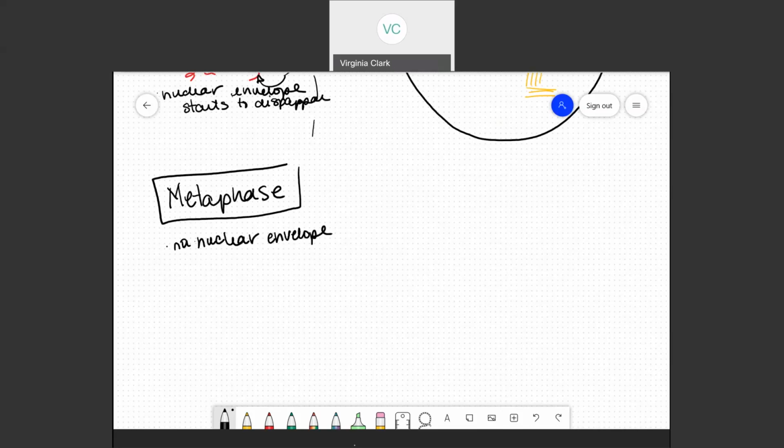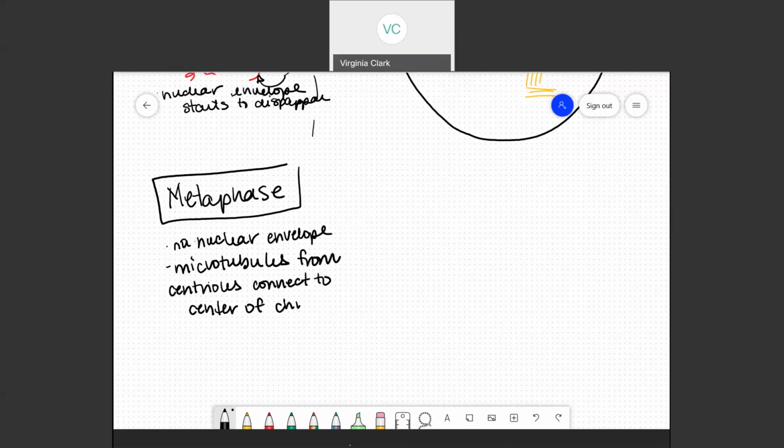What you'll also have is microtubules from your centrioles that will connect to the center of your chromatid. So your centrioles will connect to the center of the chromatid.